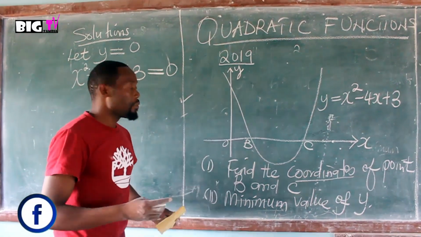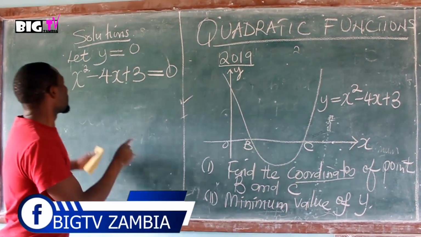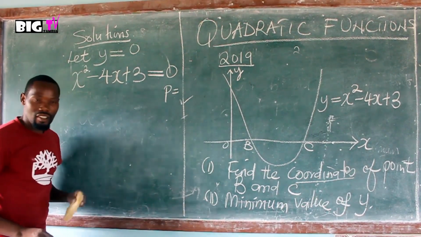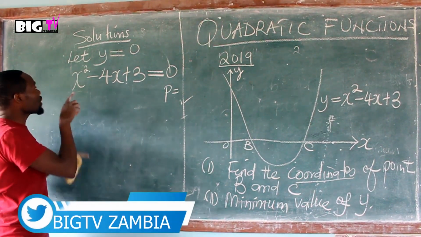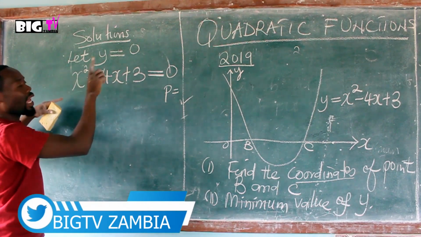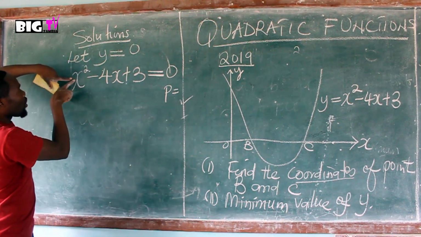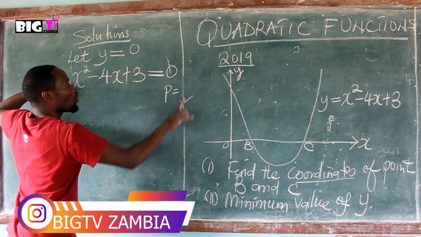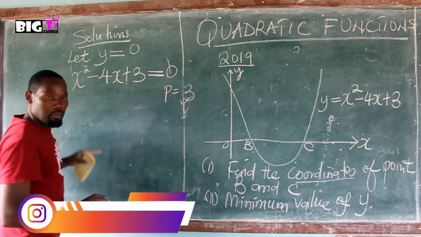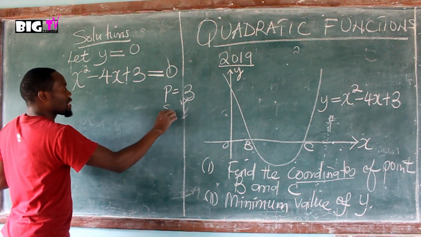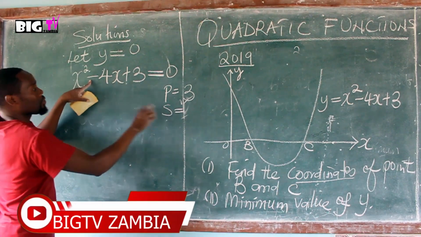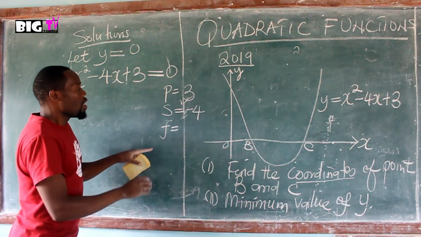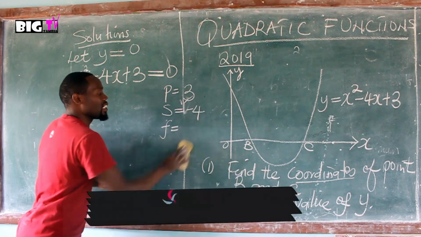Okay. How do we solve using the factorization method? We start with the product. What is our product? Our product is A times C, which is 1 times 3. We are going to have positive 3. The sum is negative 4. Factors: when you're finding the factors, it's very easy.